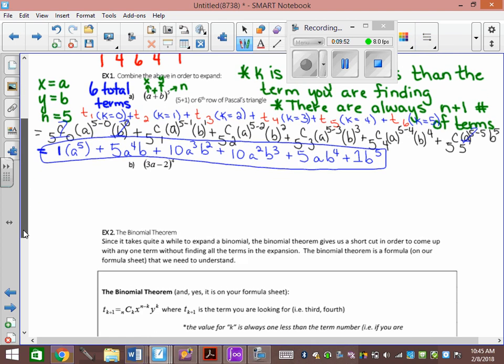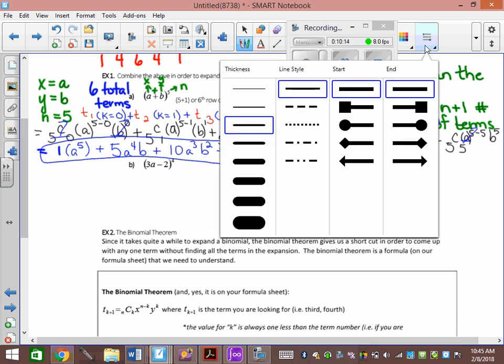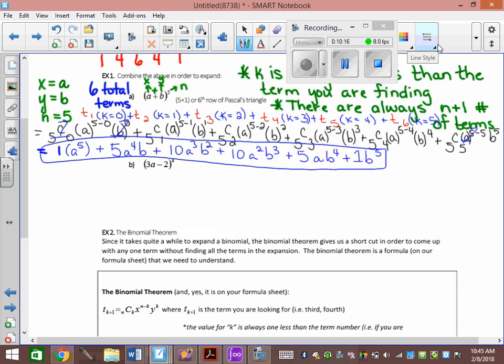For part B, there's a change. I told you off your formula sheet here, it said it has to be in the form x plus y to the n, correct? Does this one have a plus sign? No, but we can make it have a plus sign. So it would be 3a plus -2 to the 4.